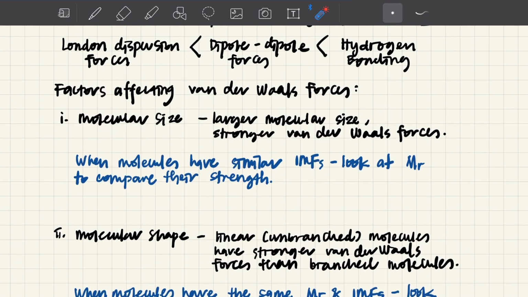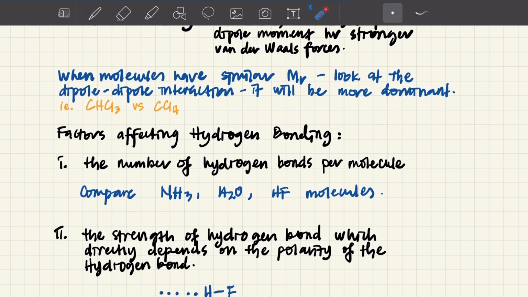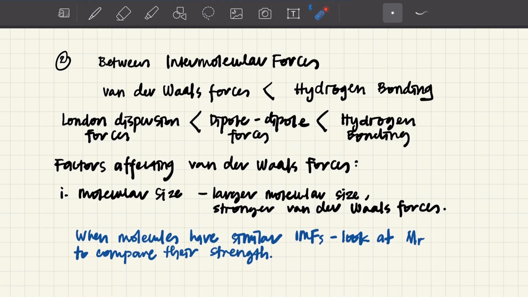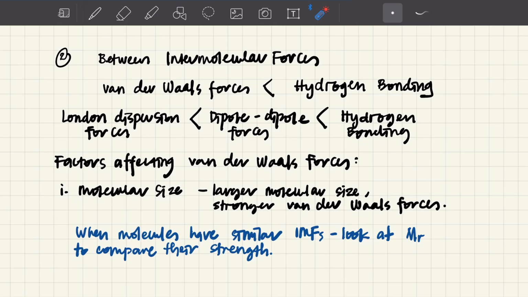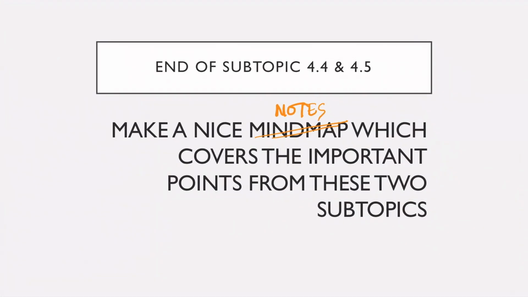So macam, then for van der Waals forces, what are you going to compare? Stuff like that, okay? So this is just macam my rough notes. Maybe dia terkurang information, atau you know, you can do better notes than me because I kan student. So do that, okay? And then do your tutorial questions.